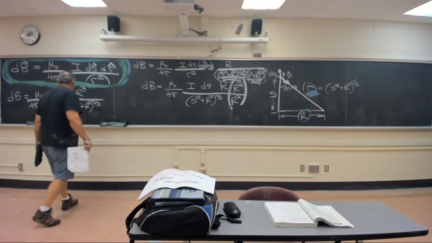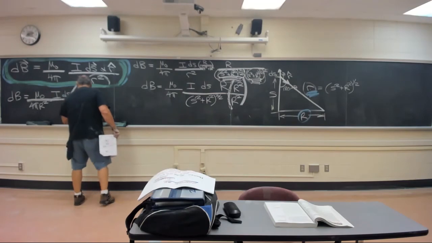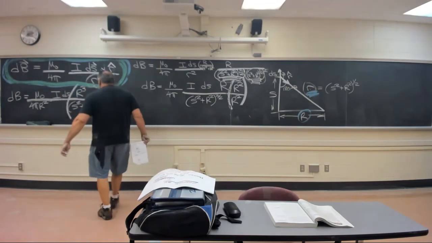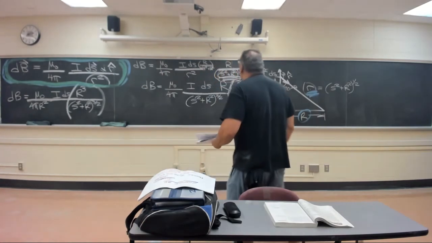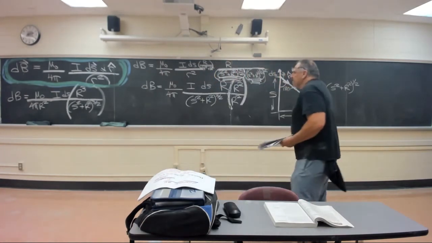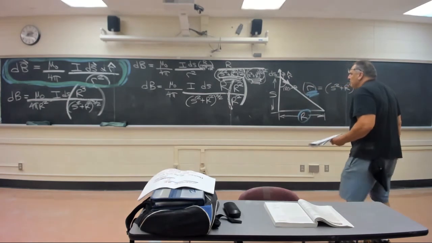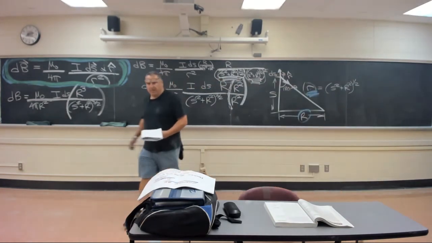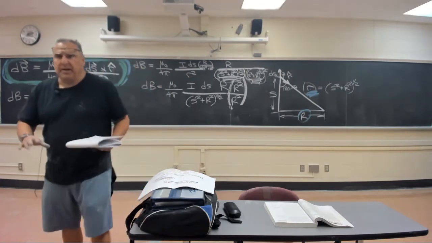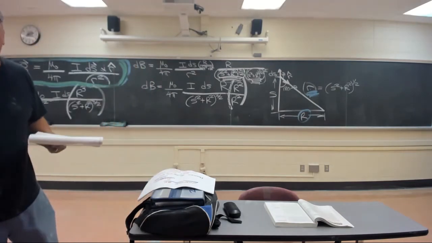What is going on? Okay, it's believable. I said I'm only going to do half for an infinitely long line, and then when I'm done with it, I'm going to double it, and I'll have the whole length.